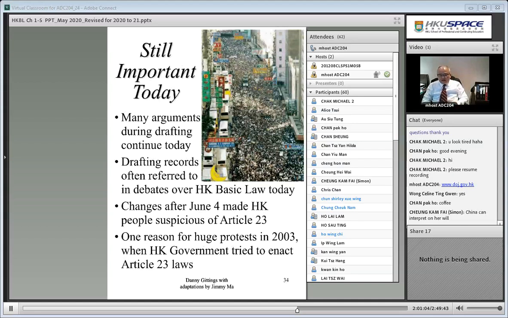So the drafting history is still important because when a case goes to court, every so often we will have to take out the historical aspects of the Basic Law, anything reported, anything said officially about a certain draft, why a certain drafting was adopted in the manner that it was seen.